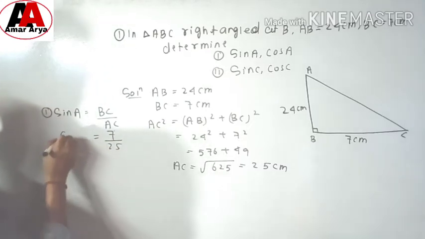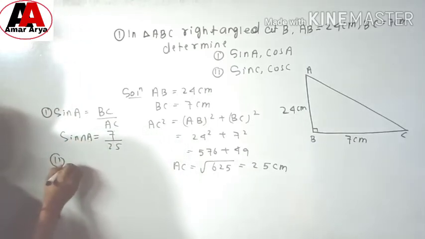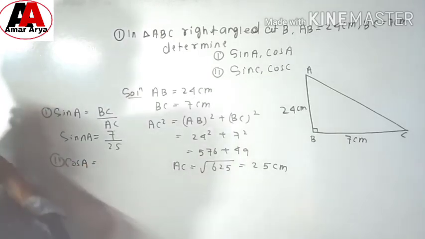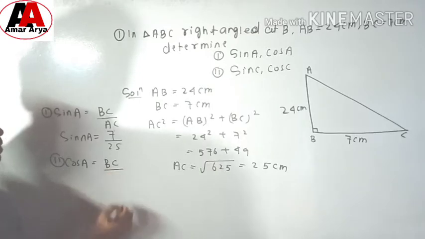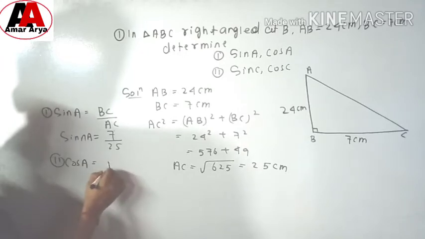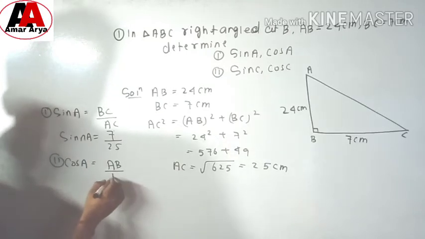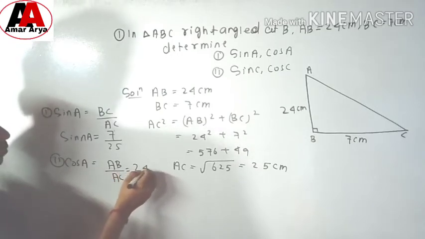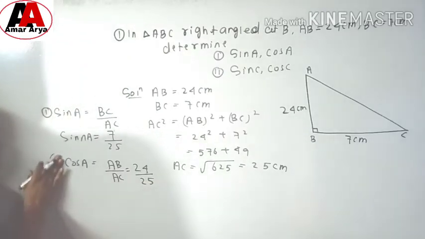So this is the value of sin A. And next, cos A means AB by AC. The value of AB is 24, so 24 by 25. This is the value of sin A and cos A.